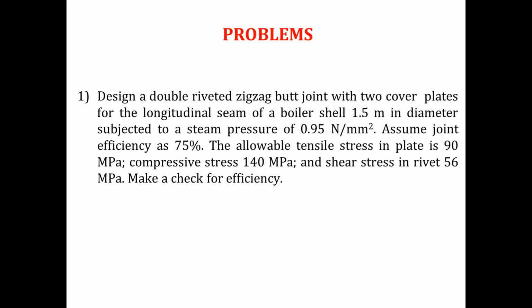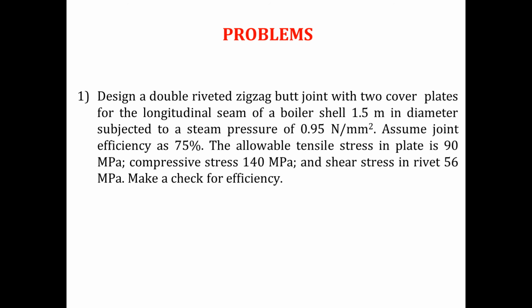The problem is: design a double riveted zigzag butt joint with two cover plates for the longitudinal seam of a boiler shell 1.5 meter in diameter, subjected to a steam pressure of 0.95 Newton per mm square.